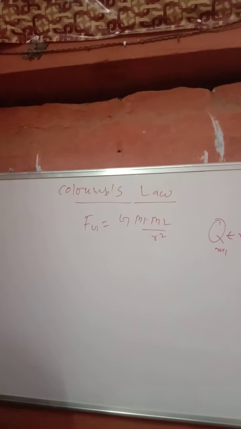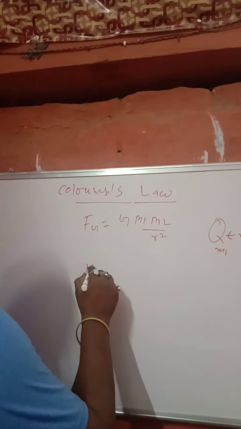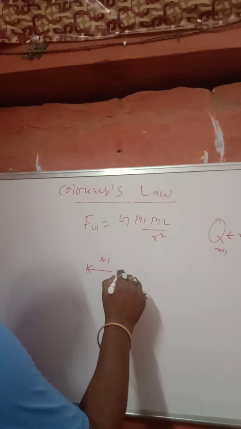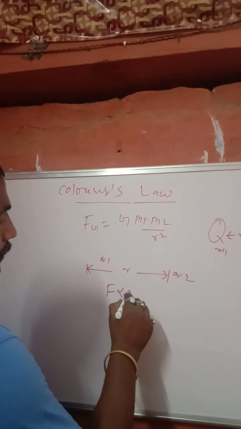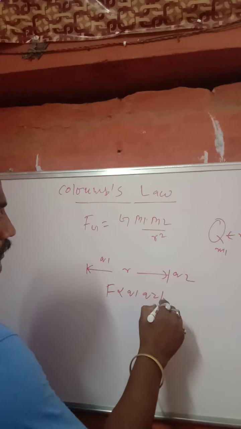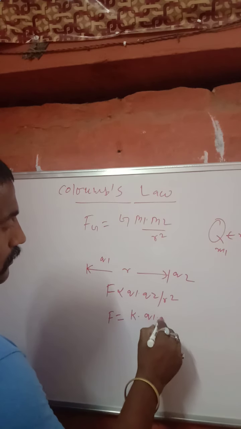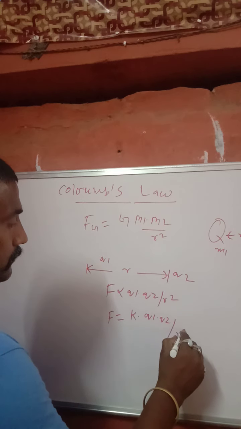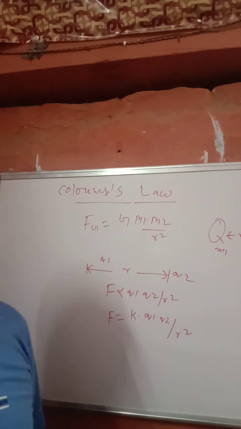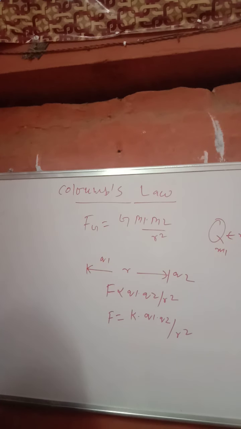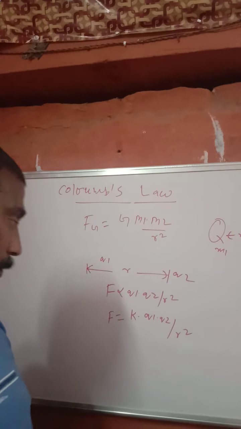In the same way, Coulomb's law works in the same manner. When two charges, same or opposite, attract or repel each other, the applied force is directly proportional to the product of the charges and inversely proportional to the square of the distance between the two charged particles.